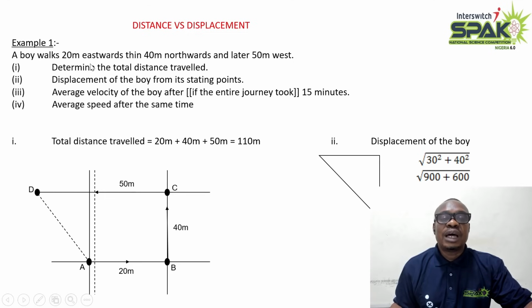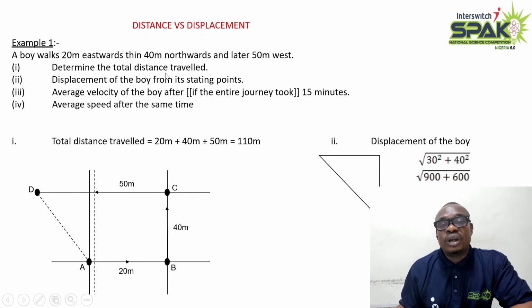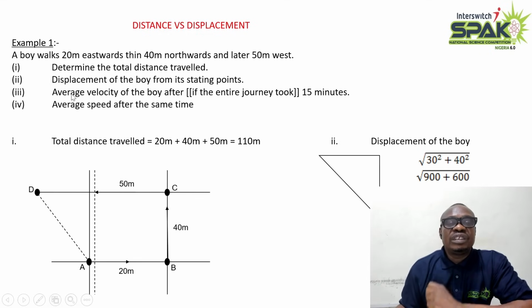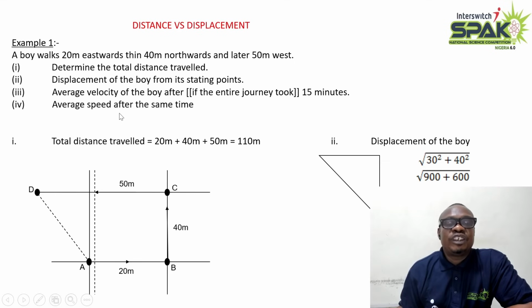Number 1, determine the total distance traveled. Number 2, the displacement of the boy from its starting point. Number 3, the average velocity of the boy afterwards, if the entire journey took 50 minutes, and then the average speed after the same time.